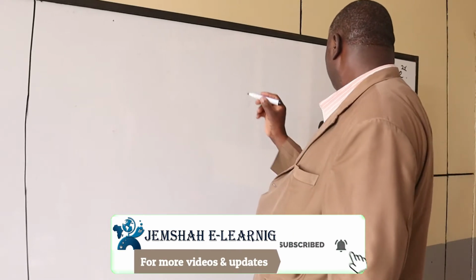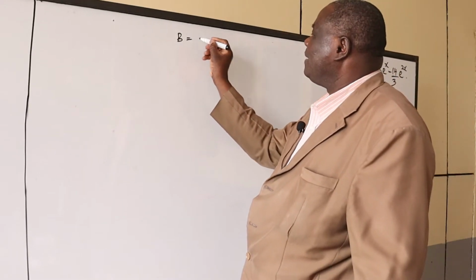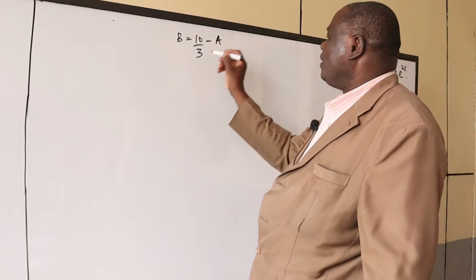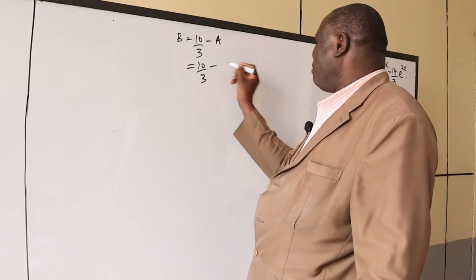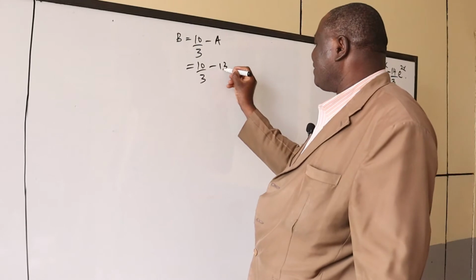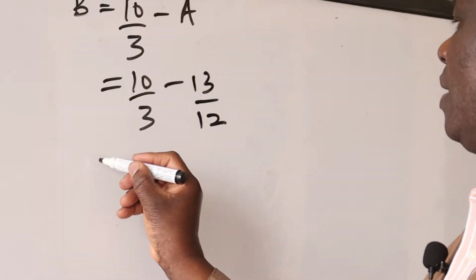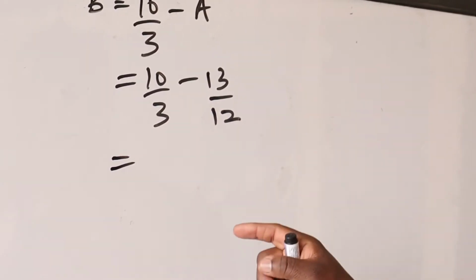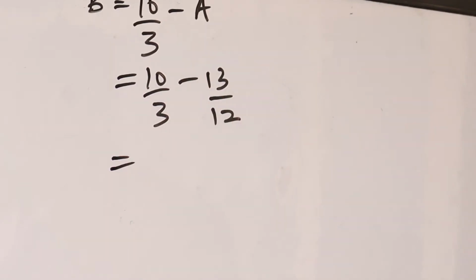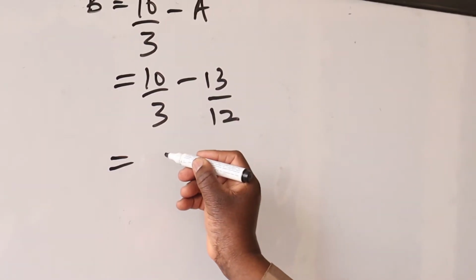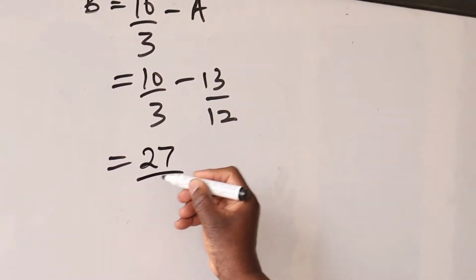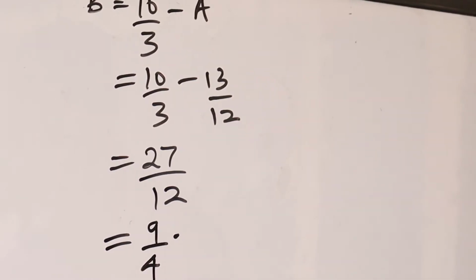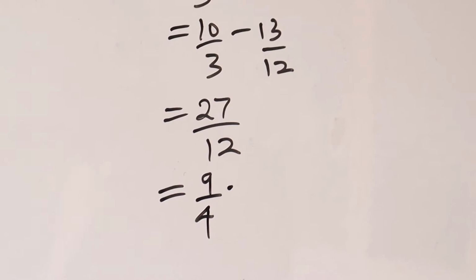So from equation 1, b is equal to 10 all over 3 minus a, which is equal to 10 all over 3 minus 13 all over 12, which gives us 27 all over 12, which is basically equal to 9 all over 4. That's the value of b.